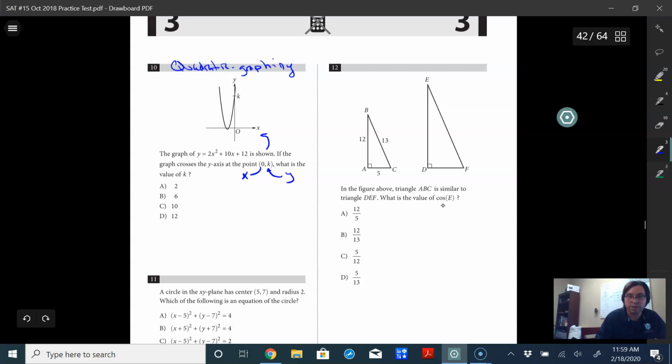What is the value of k? Well, all we say is if x equals 0 and we put that into here and here, that's going to make these two pieces both zeros. And then what you're left with is positive 12, so the answer choice on this one is D.